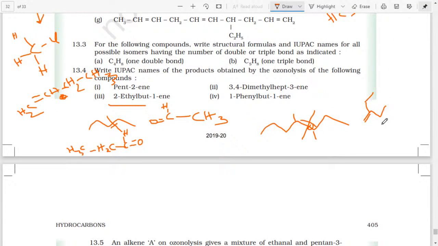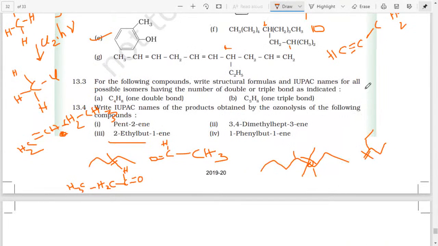If I do the ozonolysis, it is going to give this side formaldehyde or methanal, and this side 1, 2, 3, 4, 5, pentan-3-one.